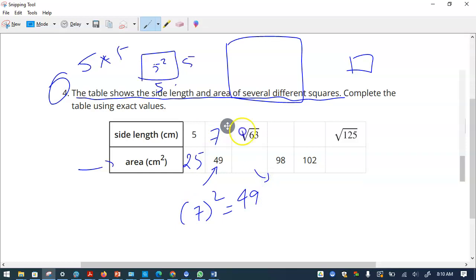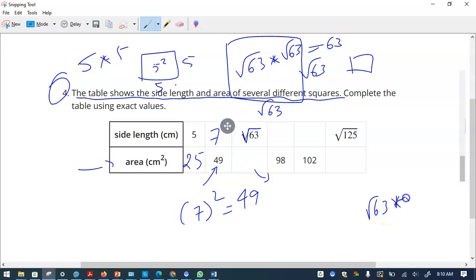In this case, the side is given as square root of, let's say, 63. So the area becomes square root of 63 times square root of 63, which is 63, and the answer is 63.